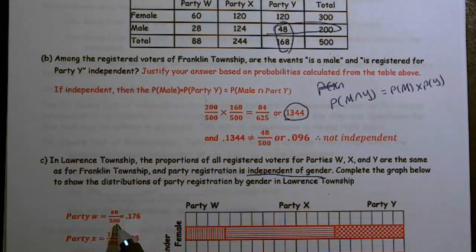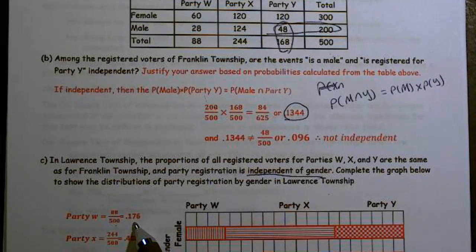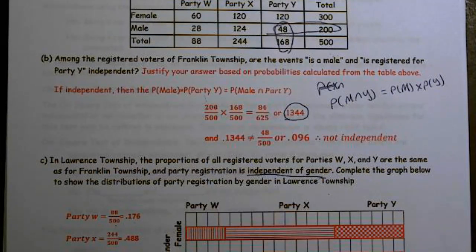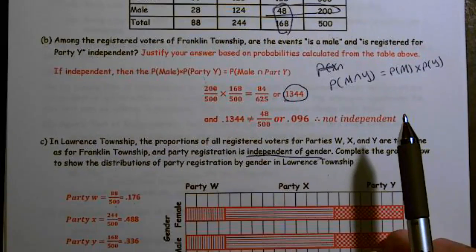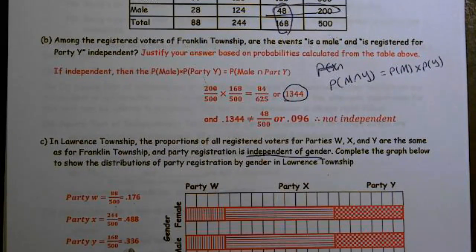Well, 88 out of 500 is 0.176, so 0.176 belong to Party W. Party X would be 244 out of 500, or 0.488, or 48.8%. And then finally, we have 168 out of 500, which is 0.336, or 33.6%.